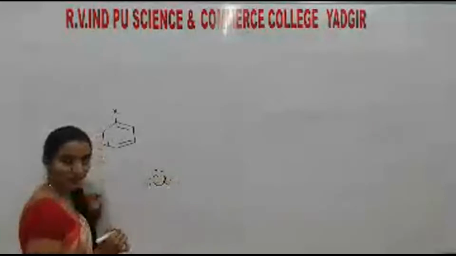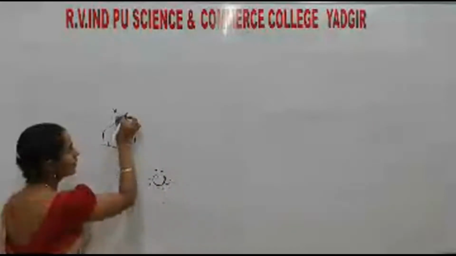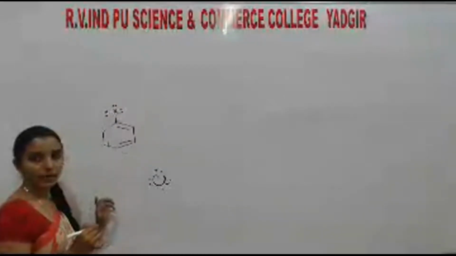So halogen compounds means, this is the benzene with the halogen. So halogen atoms consist of 3 lone pairs, you know that. If we want to write Cl like this, correct? Outermost 7 valence electrons are there. Here 2 are bonded, remaining are here. Understood? This is the first structure.